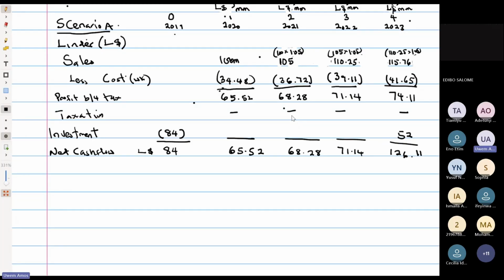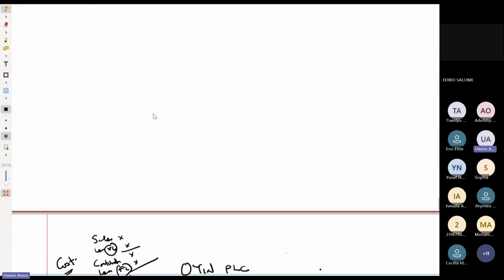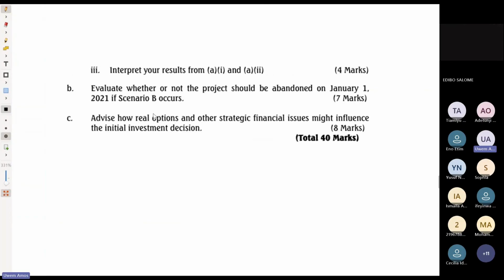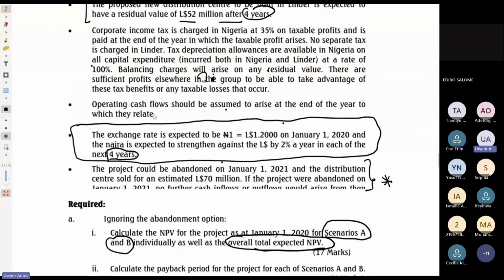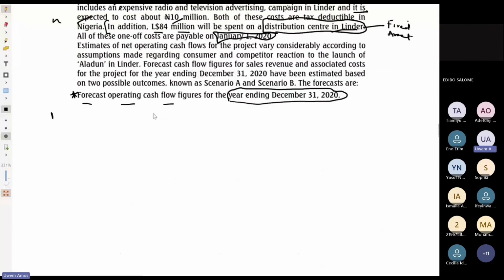Any question? Okay. So the quick question you need to ask yourself at this point before you move the fund would be, do we have any restriction on movement of fund? If, for example, the Nigerian government is saying you can only move 50%, it means that we can only convert or move 50% to Nigeria.